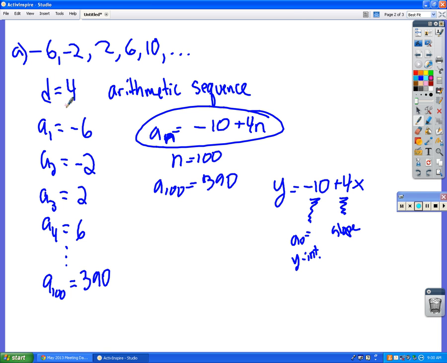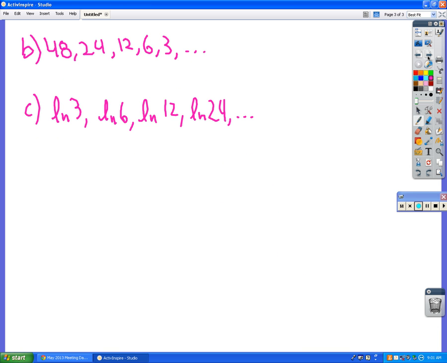I'll give you a hint. It's 4. What is 2 minus -2? 4. What is 6 minus 2? 4. What is 10 minus 6? 4. Okay, so one way to see whether this is arithmetic or not would be to subtract the successive terms.